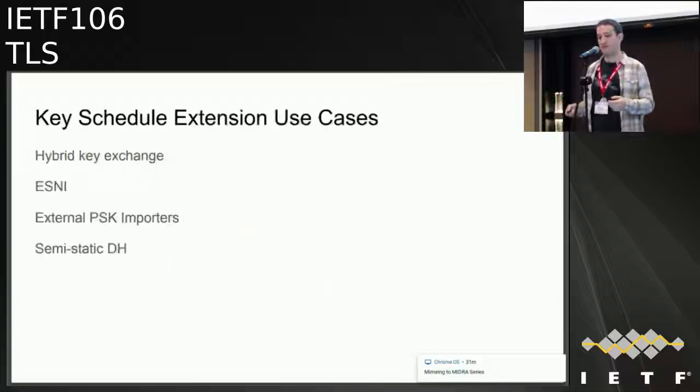I was motivated to do this because there are a bunch of drafts that say we want to change how the key schedule works, and we want to do this, or we want to do that. For obvious examples, hybrid key exchange: if you want to be able to use a quantum safe key exchange simultaneously with TLS, without having to allocate new code points, you could just define yourself a hybrid key exchange draft, and this would let you include these keys and inject them into the key schedule without having to worry about, do we define composite code points?